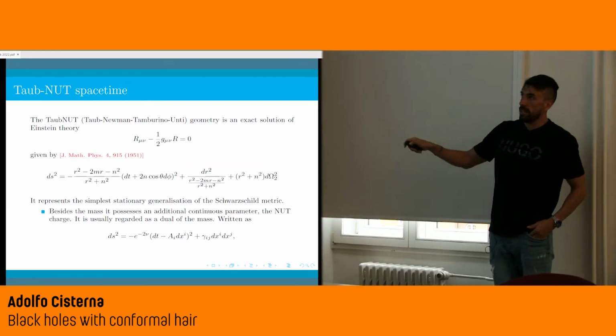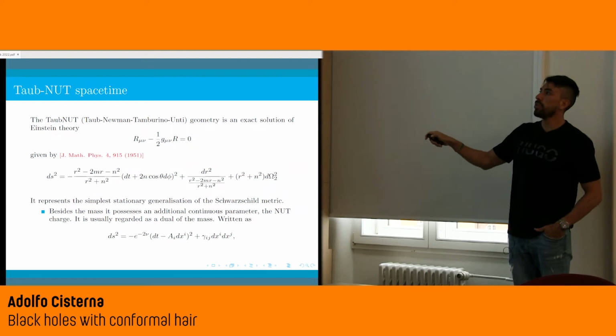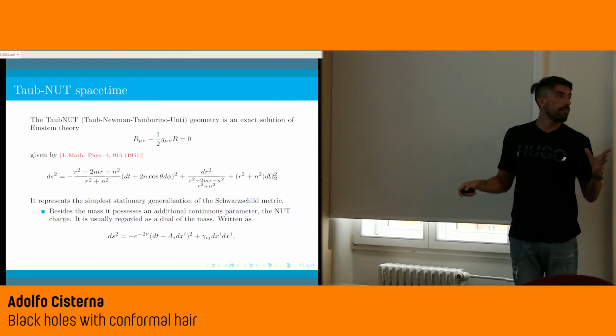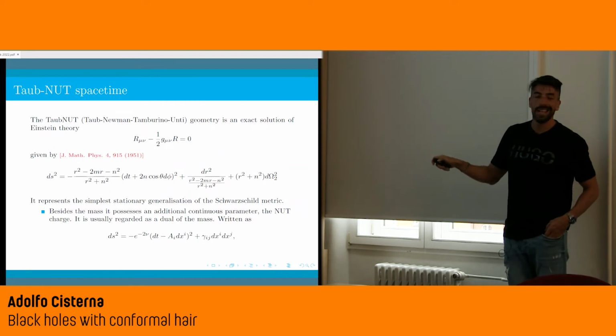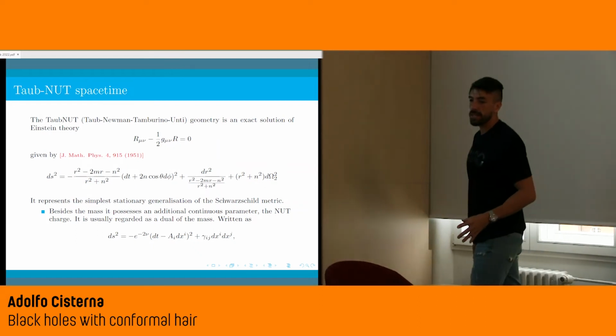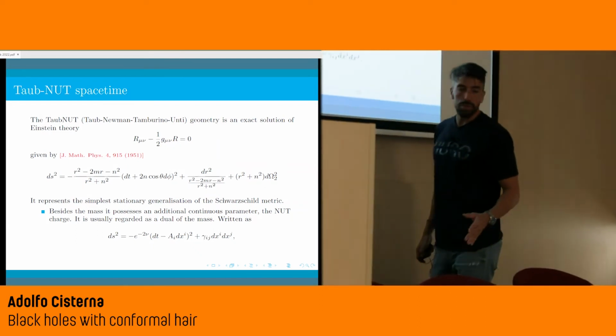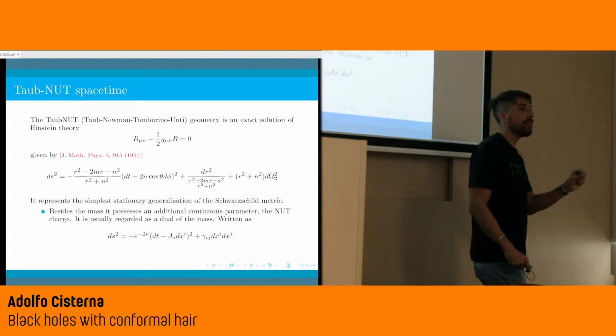And besides the mass, m, the spacetime also includes one additional continuous parameter which is called the NUT charge. Okay? And we will see that this NUT charge, this parameter n, is pretty much analogous to a kind of magnetic monopole charge.